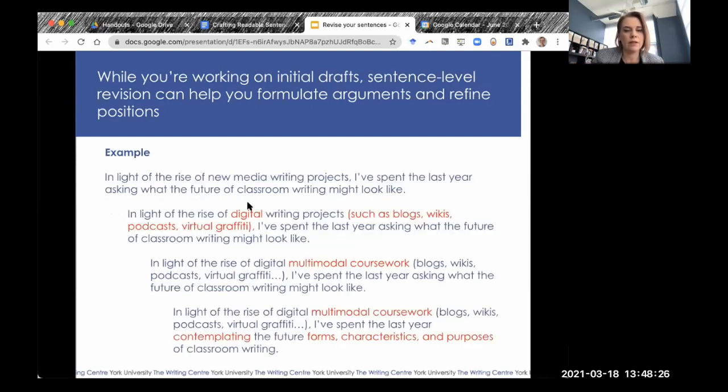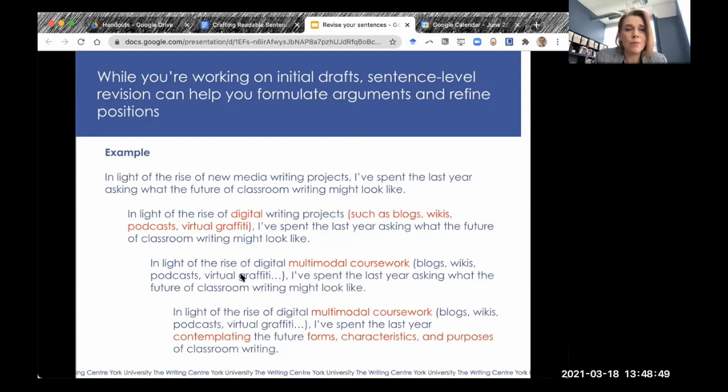So this is the revision that we might end up with if we follow these types of questions. So we would shift to, in light of the rise of digital writing projects instead of new media. Now we're going to be specific by giving some examples of what that means, such as blogs, wikis, podcasts, and virtual graffiti.